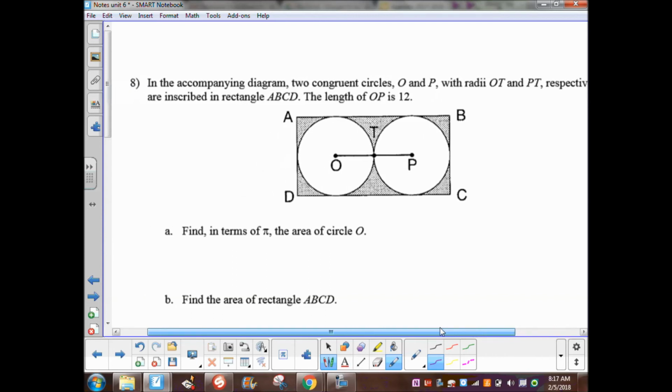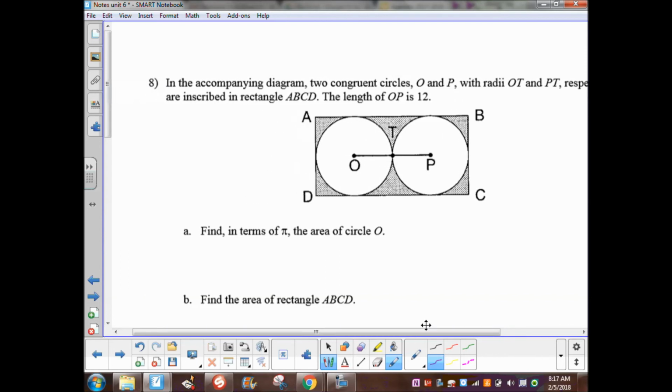The radii is your plural for radius. They are inscribed in rectangle ABCD. The length of OP is 12. So from O to P is 12. What does that tell you about OT and PT, meaning the radius? What does it tell you, Juliana? There's 6 apiece.